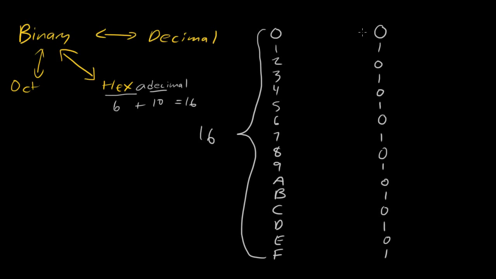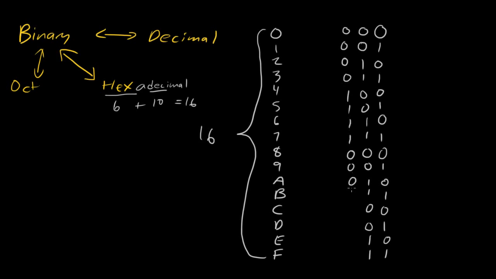So that's our 1 spot, our 2 spot: 0, 0, 1, 1, 0, 0, 1, 1, 0, 0, 1, 1, 0, 0, 1, 1. And I have my 4 spot: 0, 0, 0, 0, 1, 1, 1, 1, 0, 0, 0, 0, 1, 1, 1, 1.